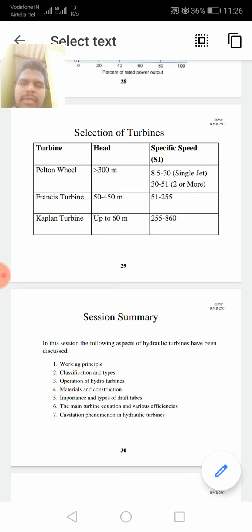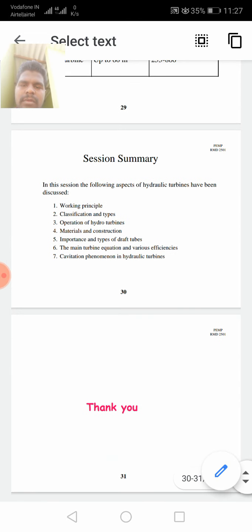For Pelton wheel turbine, head range is greater than 300 meters and specific speed 8.5 to 30 for single jet, 30 to 51 for 2 or more jets. Francis turbine head is 50 to 450 meters, specific speed 51 to 255. Kaplan turbine head is up to 60 meters and specific speed 255 to 860. Thank you.